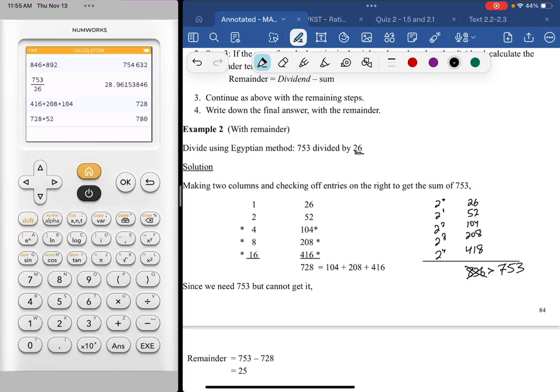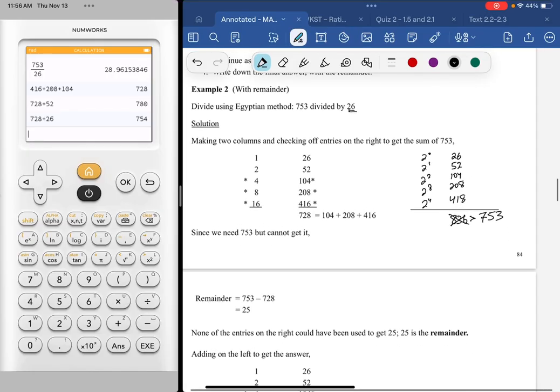That's too much. Even if I added the 26, so if I said 728 plus the 26, it's still too big. It's only too big by 1, which is nice, but it's still too big. So I'll take the ones that'll add to a number that's less than my target value.